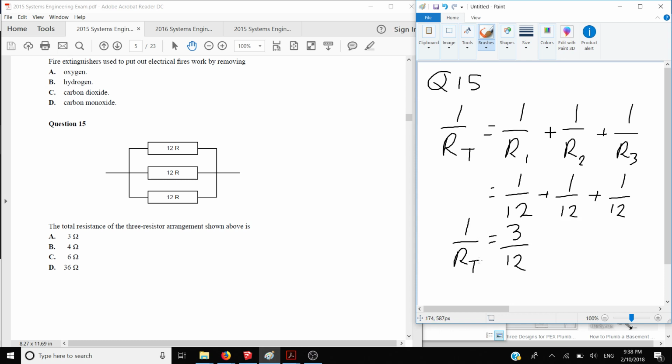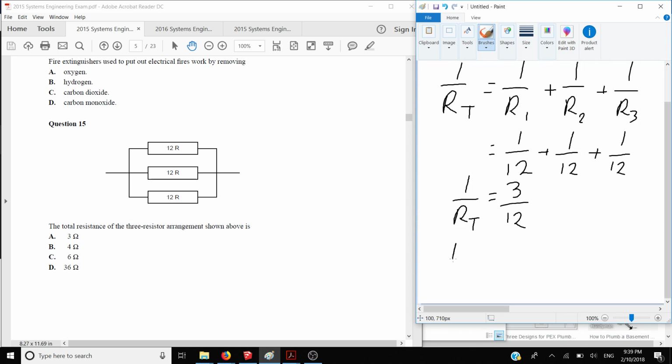Now, important step. We don't want to know what 1 over RT is. We don't want 1 over resistance total. The question asks us for the total resistance. So can we flip these? We can. So this becomes resistance total over 1 equals 12 over 3.